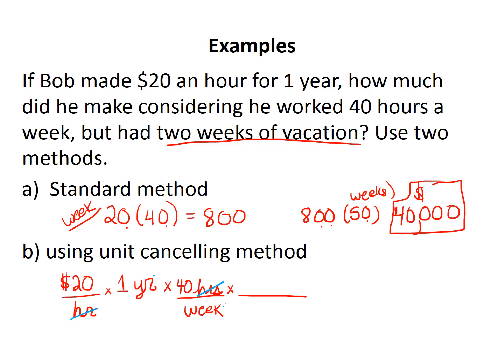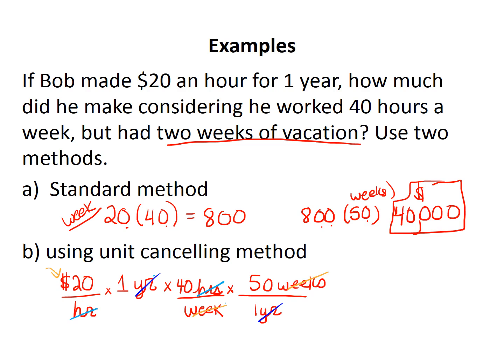So we multiply by something that equals 1, and 1 year in this case is 50 weeks. We put the years on the bottom so that they cancel with the years in the top, and the weeks in the top cancel with the weeks in the bottom, because then we know that we have the appropriate units on our answer, which is just dollars.